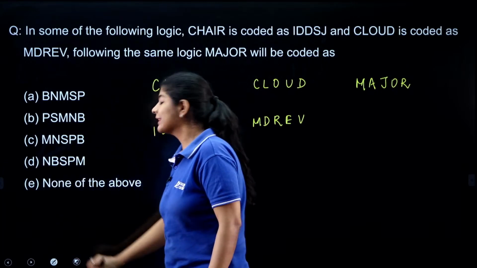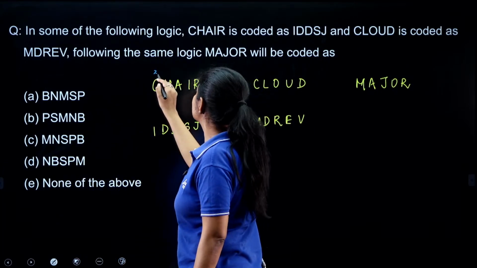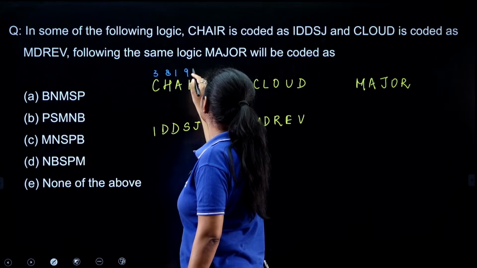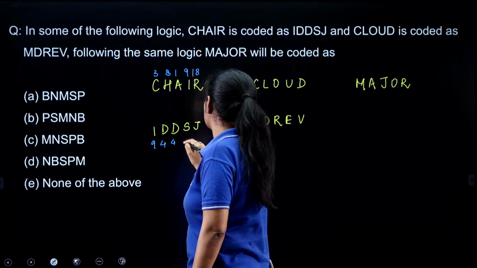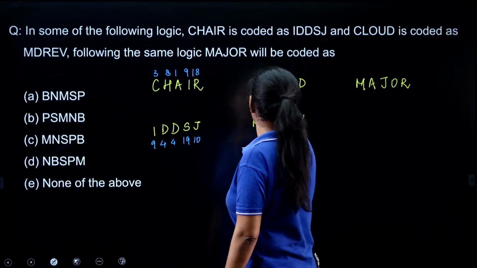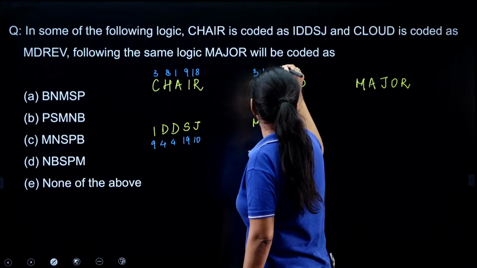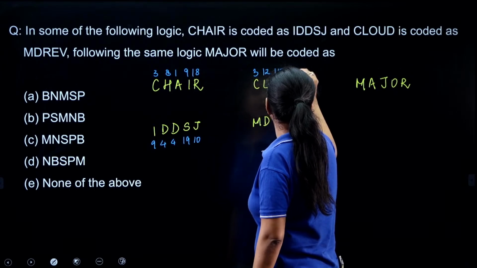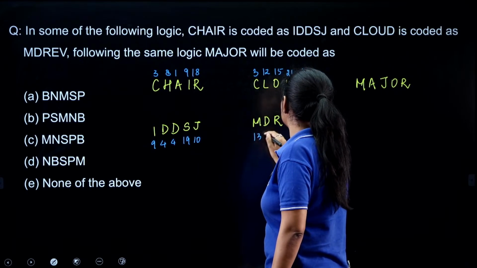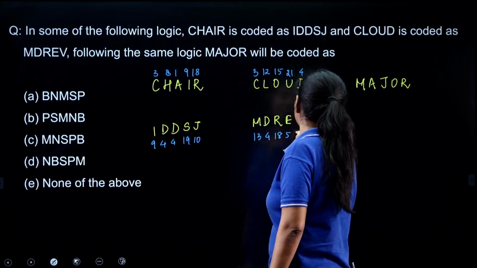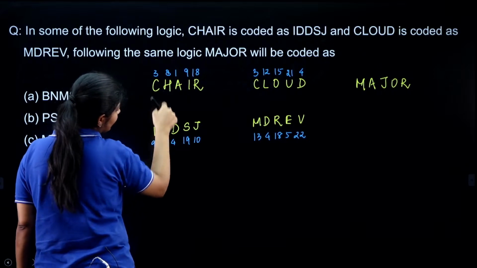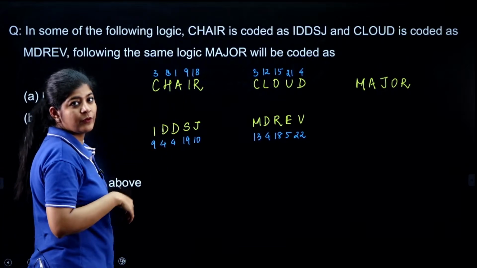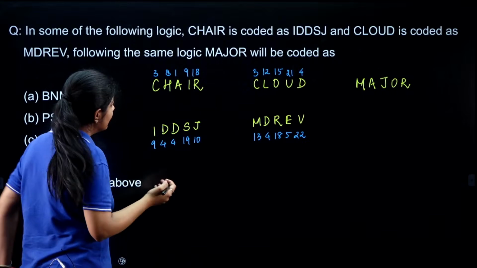Now, we are going to take the help of the associated numbers 3, 8, 1, 9, 18, and here we have 9, 4, 4, 19, 10, right? Here 3, 12, 15, 21, 4, here 13, 4, 18, 5 and 22. So, the pattern. If we see here, the difference is unusual if we put the normal vertical gap.